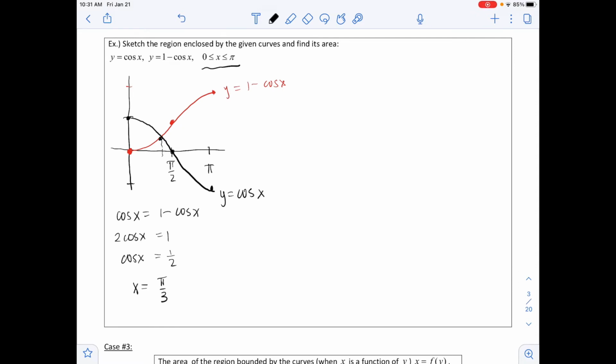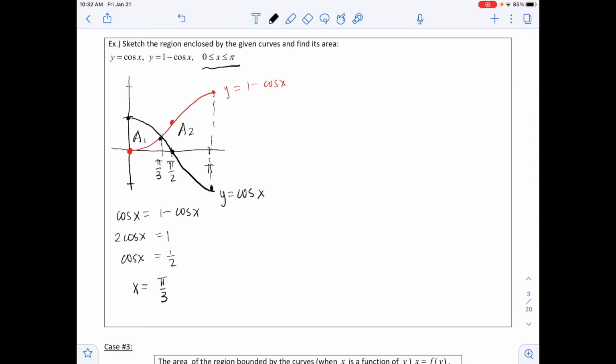So this would be the value of pi over 3. So to do this, we need to find area 1, which we'll call A1, and area 2, which we'll call A2, which again, we now have to integrate from 0 to pi over 3 to find the area of A1, and then from pi over 3 to pi to find the area of A2.